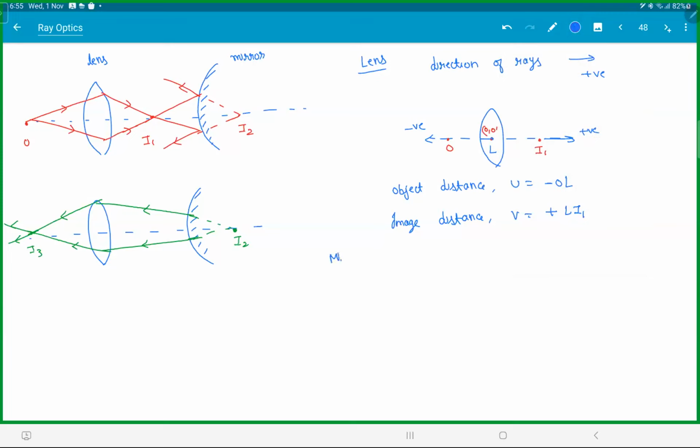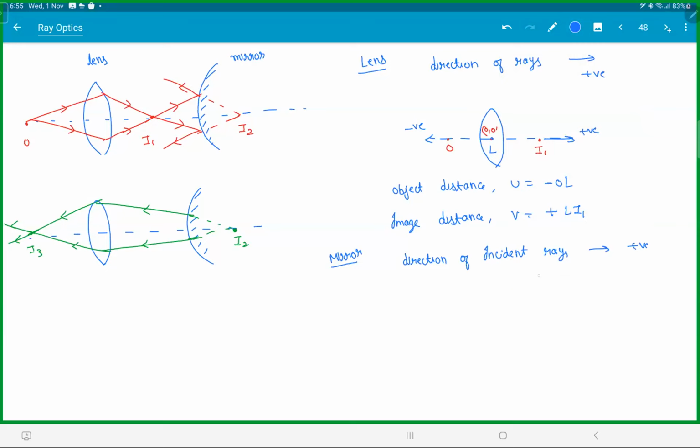Now the light rays are going to the mirror. So for the mirror, direction of light rays is still front. Remember the direction of incident light rays. How are the light rays falling on the mirror? I don't care about reflected light rays. I'm interested in incident light rays. So direction of incident rays is still right side only. So this side is positive.